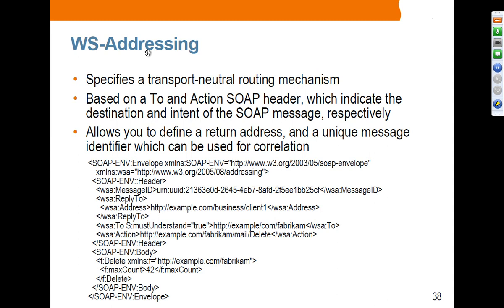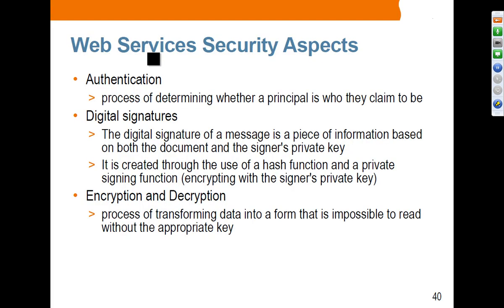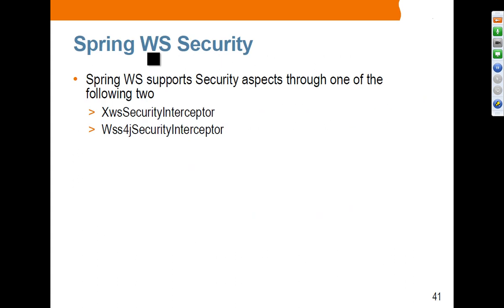WS-Addressing is supported in Spring Web Services, and WS-Security is also supported. You're talking about authentication, digital signatures, and encryption and decryption. It comes with the security aspects through these two interceptors.